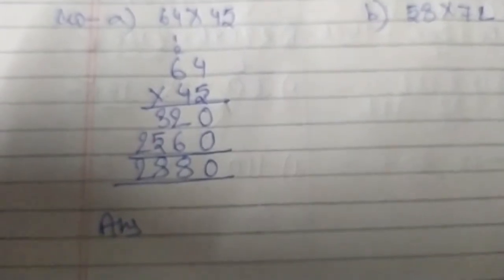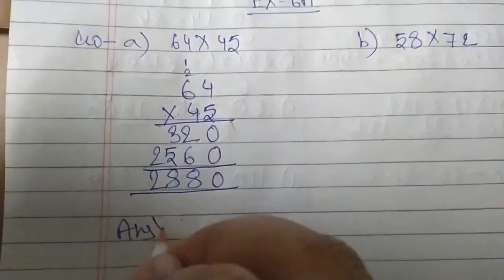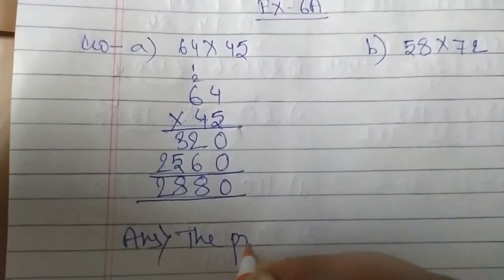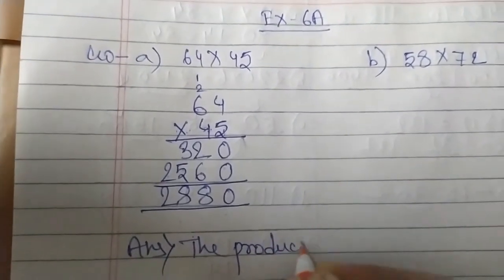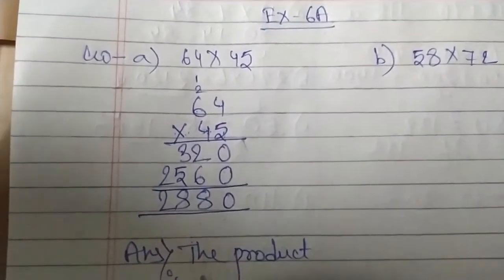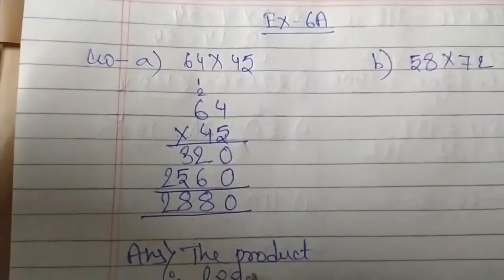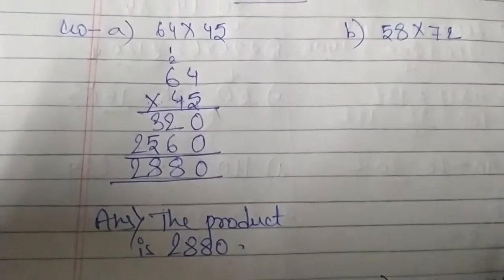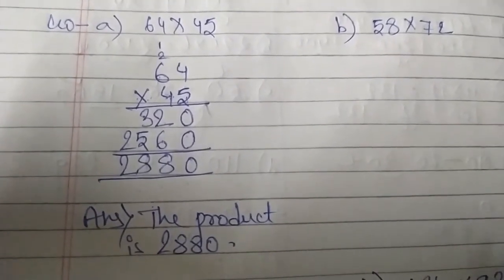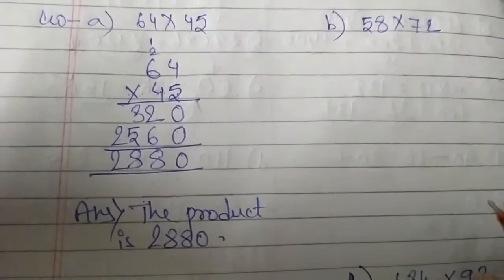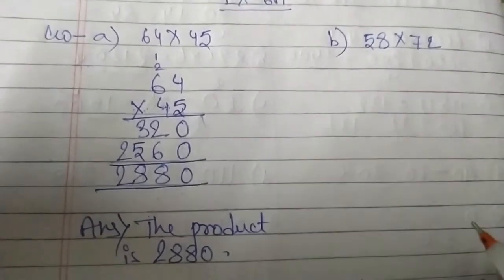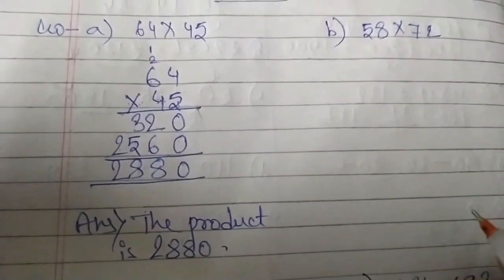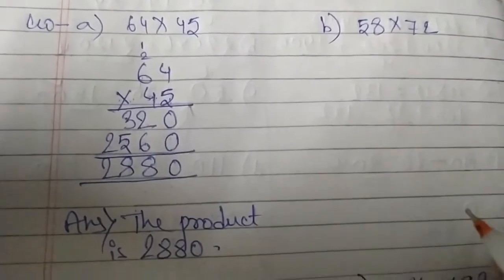So our answer, the product, is 2880. Done. Now, if you have any confusion, now follow the next sum. And those who are clear with the concept, they can do it on their own. At the end, check the answer.